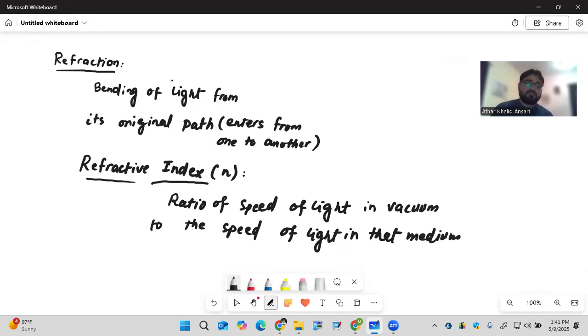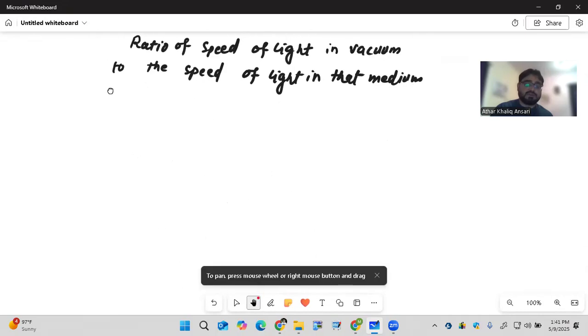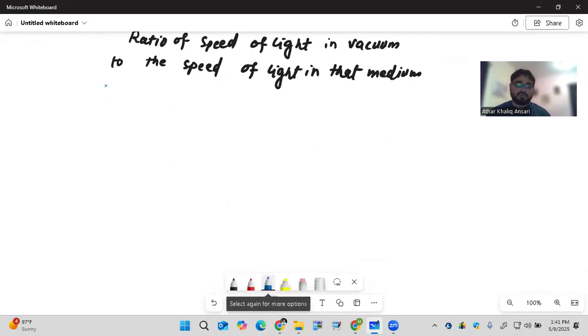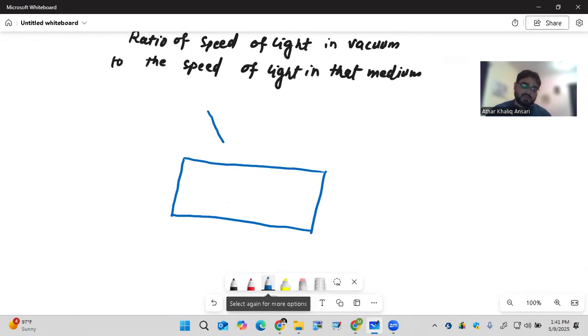For example, if we have a glass here and we are trying to pass the light from air to the glass. For example, this is a glass slab. What actually happens is, when this light ray is coming from the air, this is the speed of light that we usually represent by c, that is 3 into 10 to the power 8 meter per second.